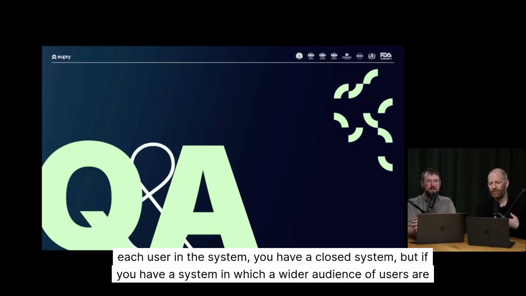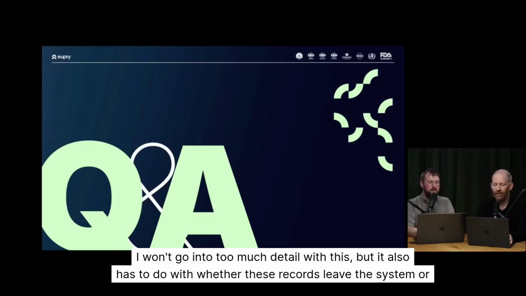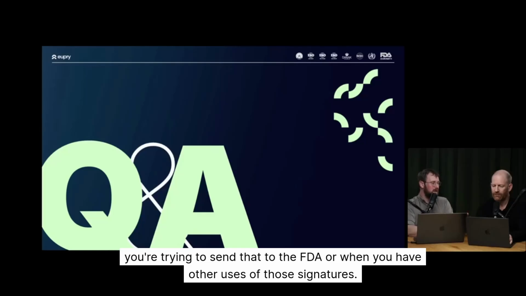But if a wider audience of users is accessing it, then you have an open system. I won't go into much detail, but it also has to do with whether these records leave the system or not. Often we would see that electronic signatures are fine, but that digital signatures are required whenever you're sending records to the FDA or have other uses of those signatures.